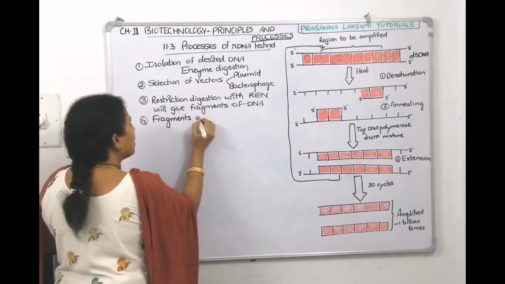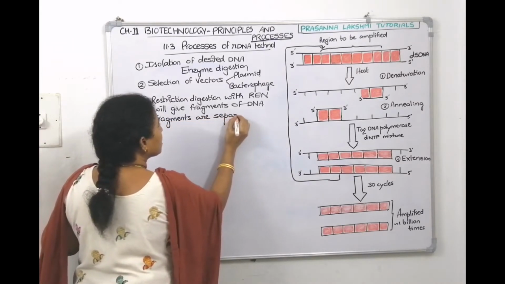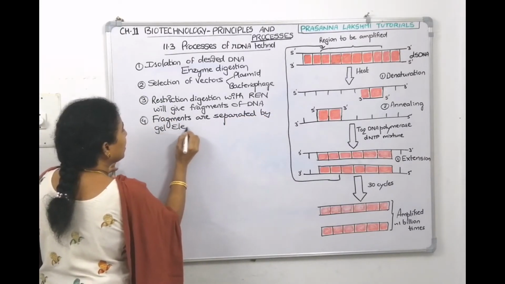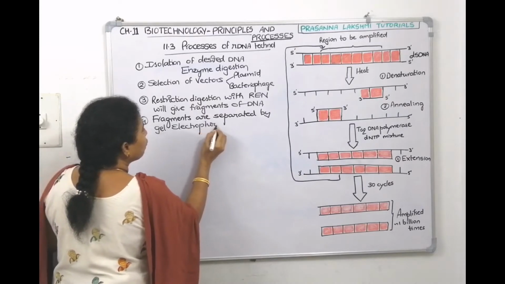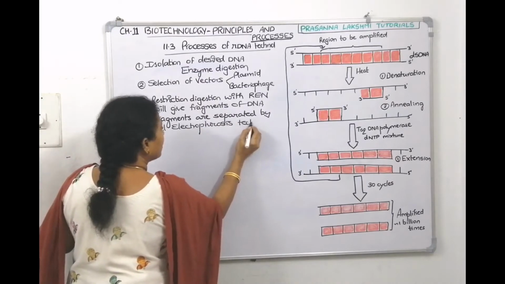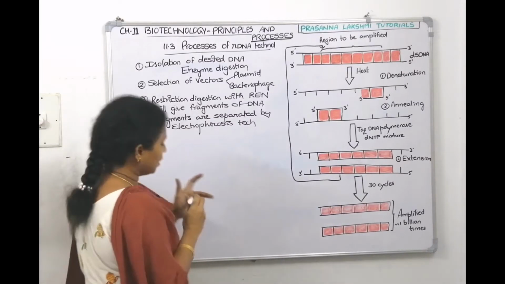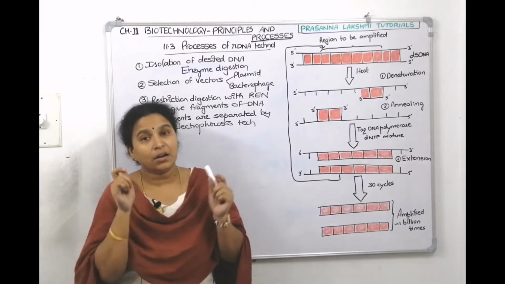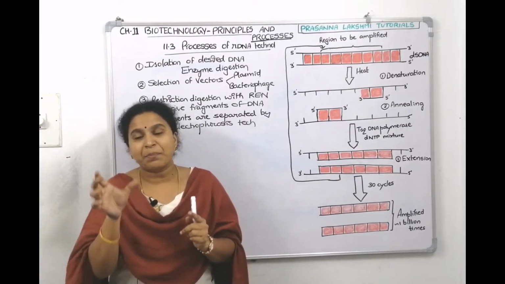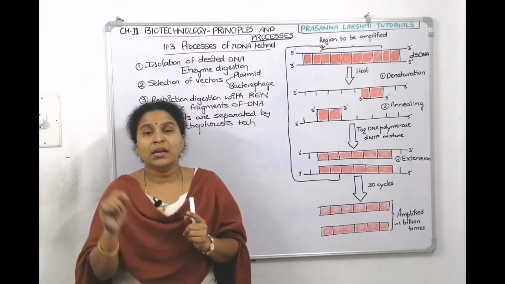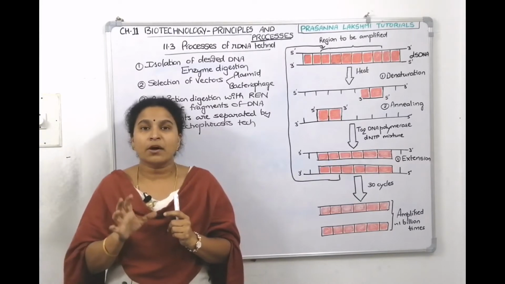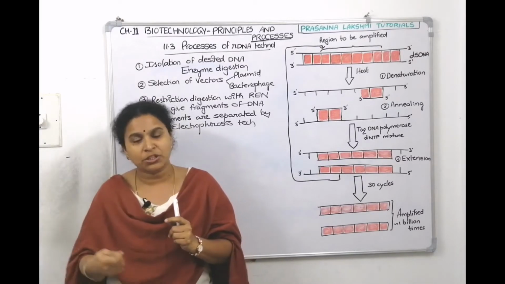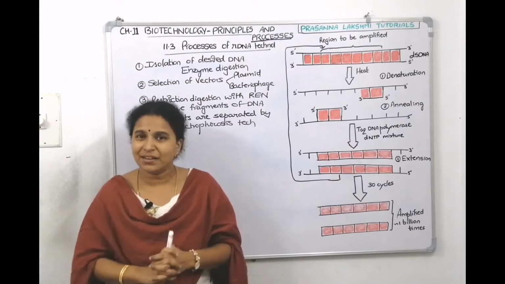When you stain them with ethidium bromide, bright orange color bands are visible under UV light. Those orange color bands you identify and cut from the gel. This process is called elution. Like that, you have eluted the DNA.